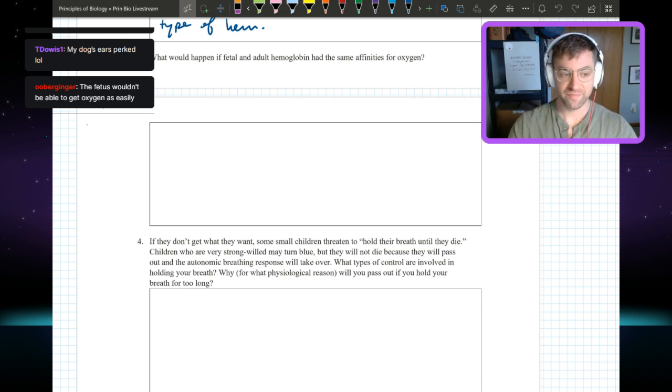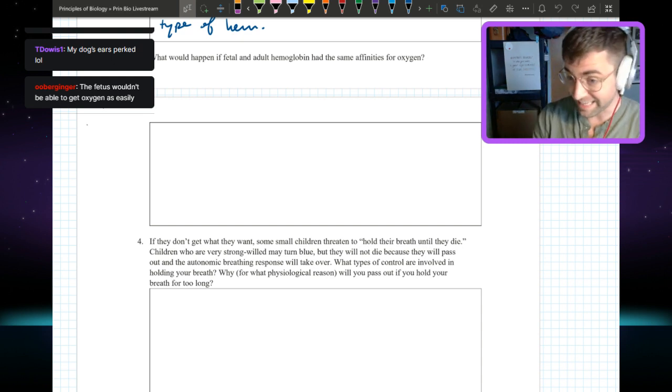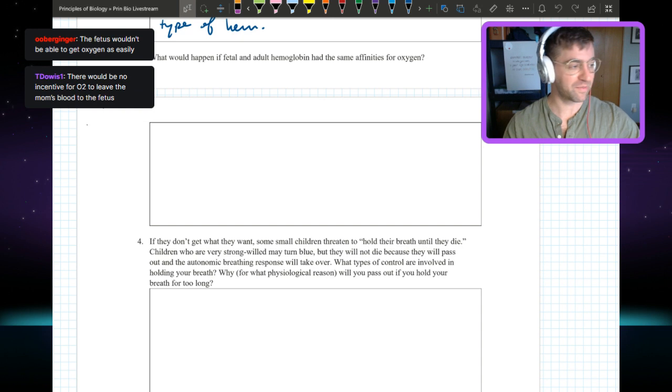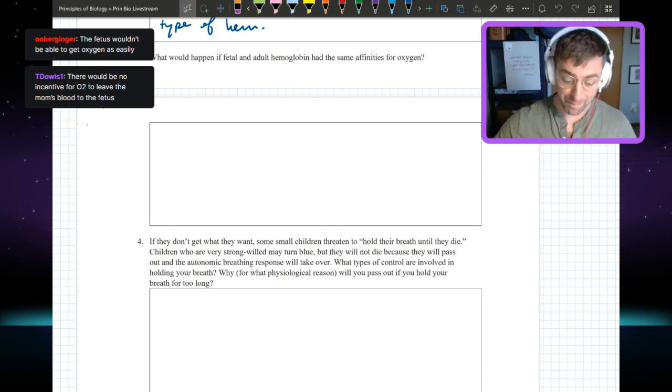So if the hemoglobin of the mother and the fetus had the same affinities for oxygen, but the blood getting to the fetus is never at 100, basically our fetal cells are never going to get the oxygen that they need. So it's not just about getting oxygen as easily; it's never reaching saturation. Our fetus would be hypoxic 100% of the time.